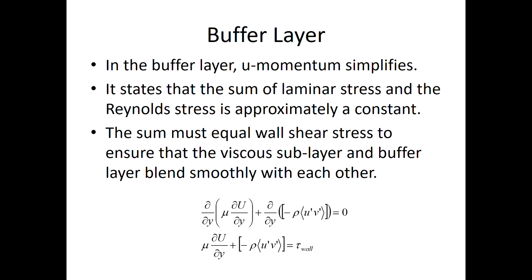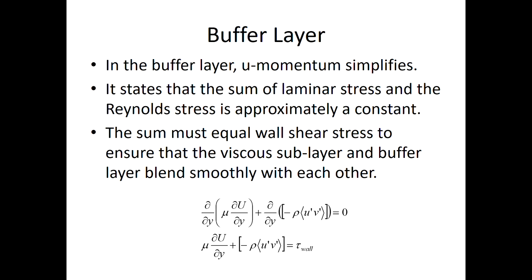If you integrate it one time, you get mu du dy minus rho u prime v prime, and this should be a constant. So if you go close to the wall, that constant is tau wall. Therefore, this is the behavior of the buffer layer. So Prandtl said the laminar diffusion exists, and so does the turbulent eddy-based mixing.